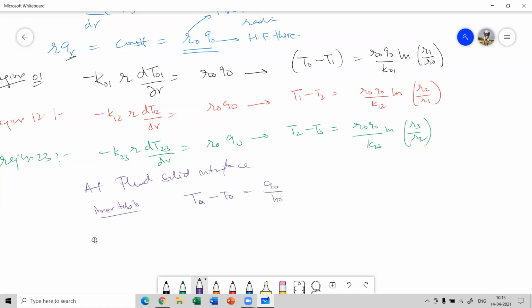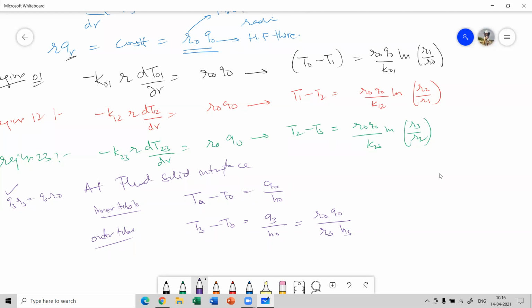And at the outer tube, T3 minus Tb equals q3 by h3, where q3 can also be written as r0 q0 by r3 h3, because q3 r3 is equal to q0 r0. So q3 can be calculated as q0 r0 by r3. So it can be represented as this.